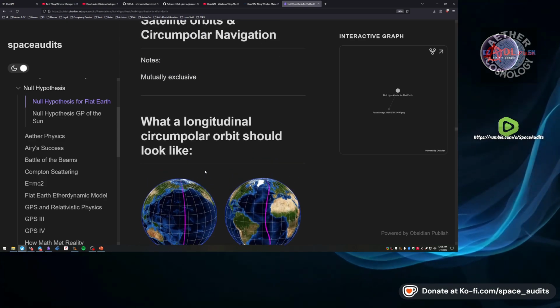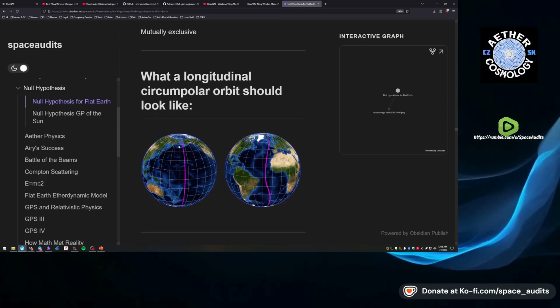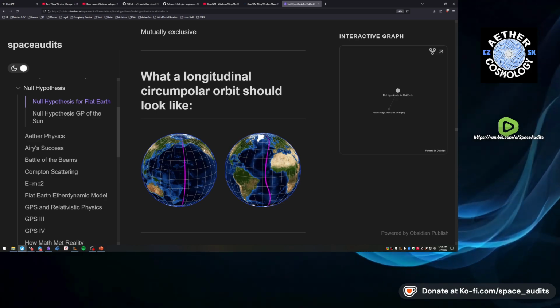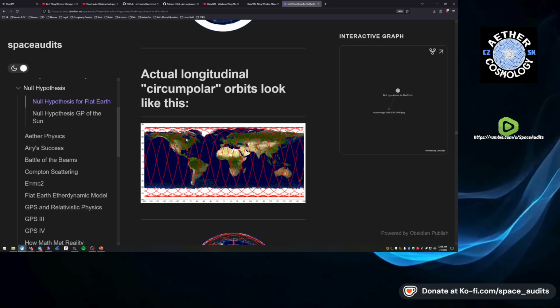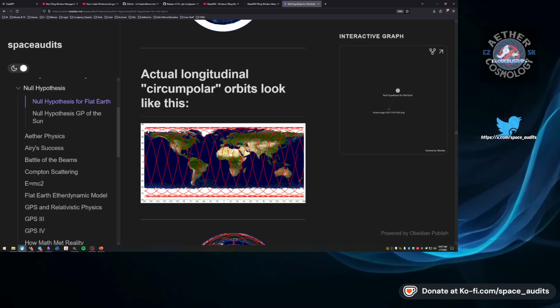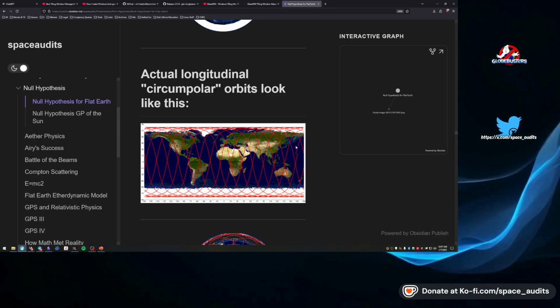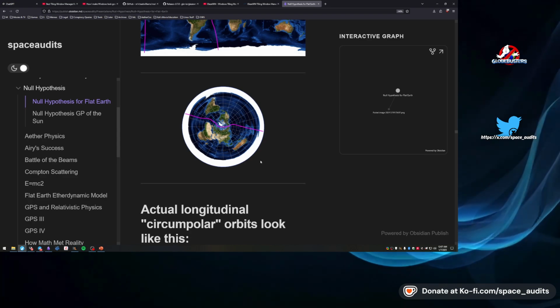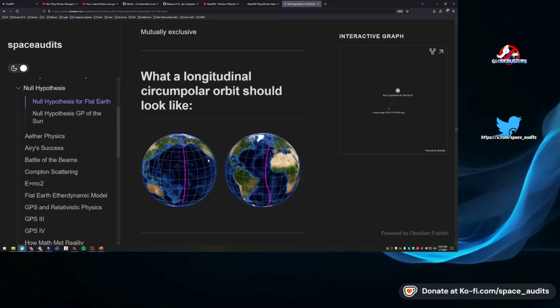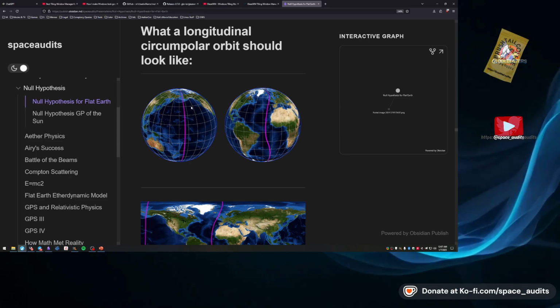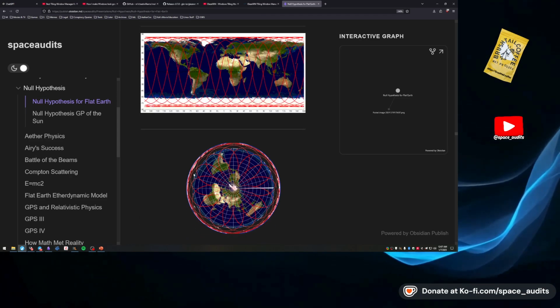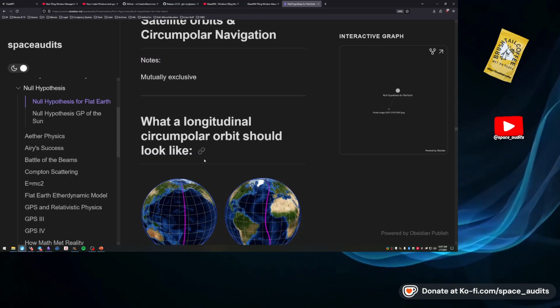But then further we could look at the orbital paths, right? They always show us these equirectangular projections of satellite orbits for all their publicly available data, which looks like this. This is the equirectangular projection. They show us the nice sine wave. Now we're going to look at a couple of things here. This latitude and longitude coordinate system is invariant under projection transformation.